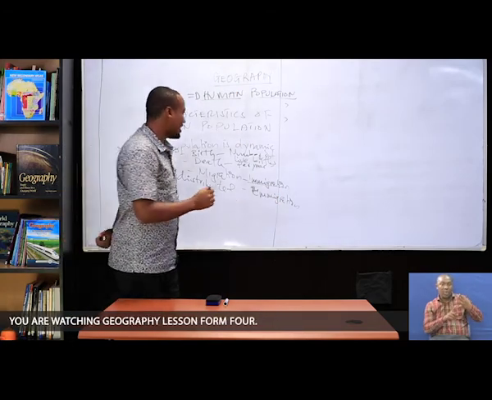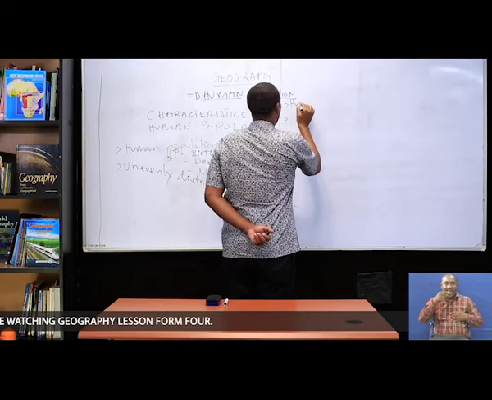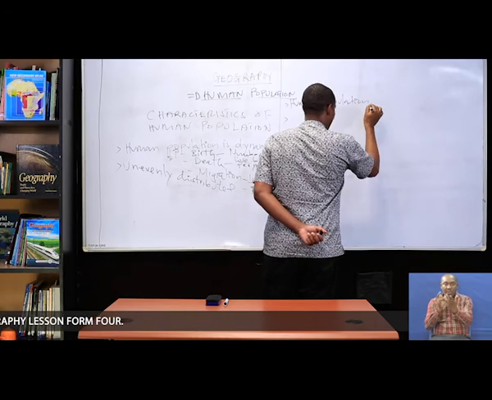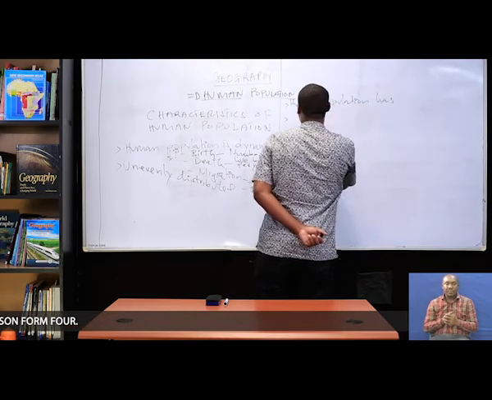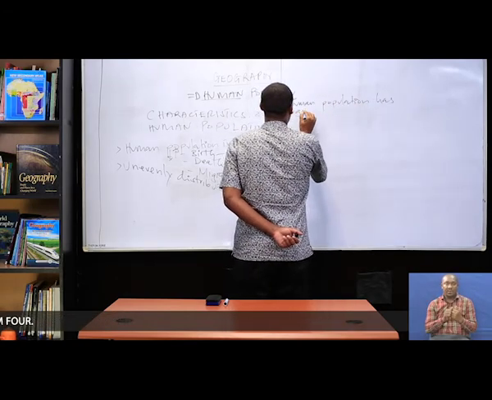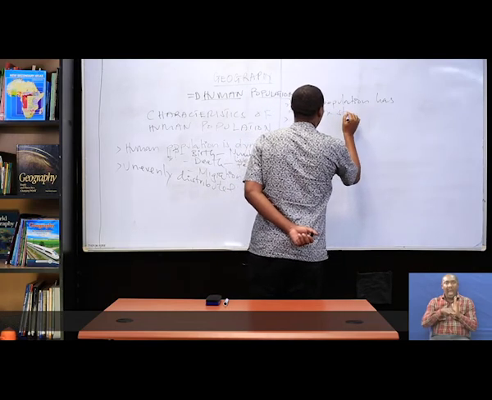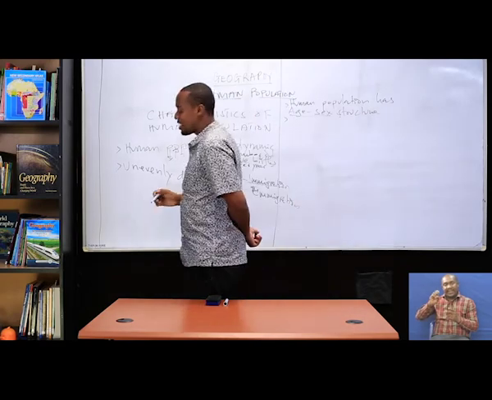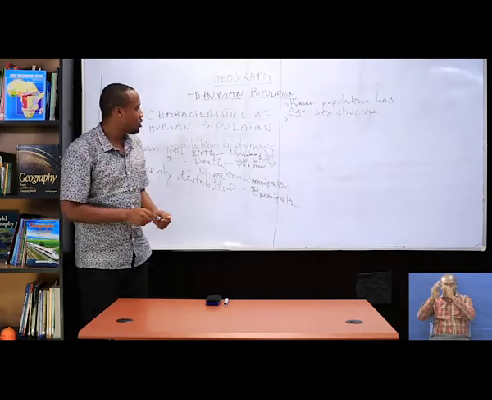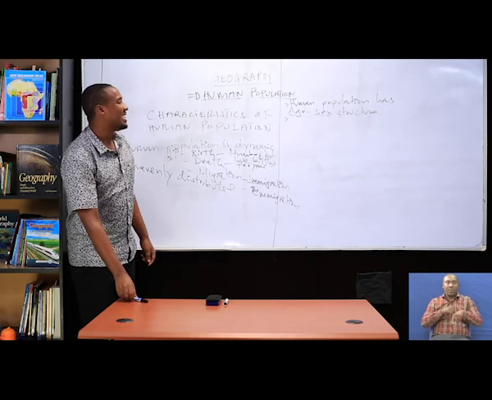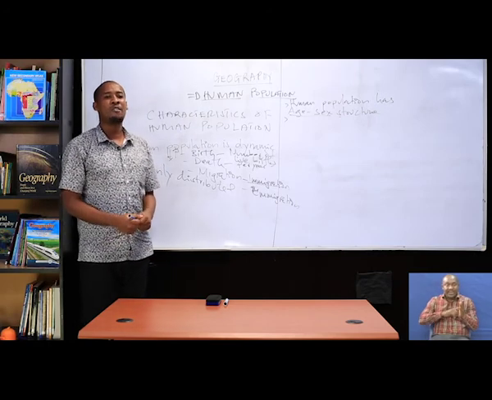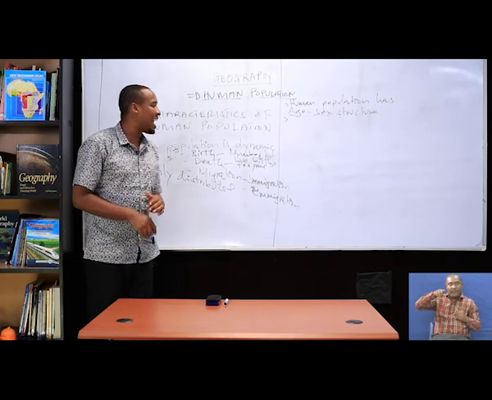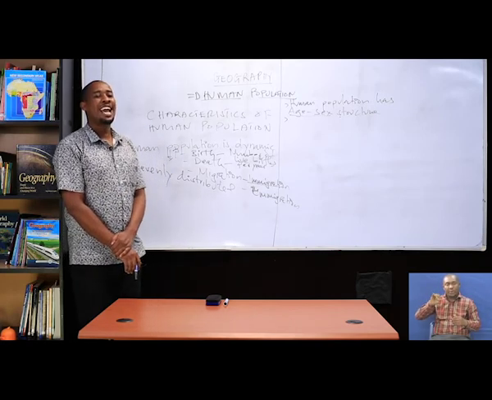The third is that human population has an age-sex structure. When we talk about age-sex structures, these refer to the proportions of the population in terms of their sex and age grouping.